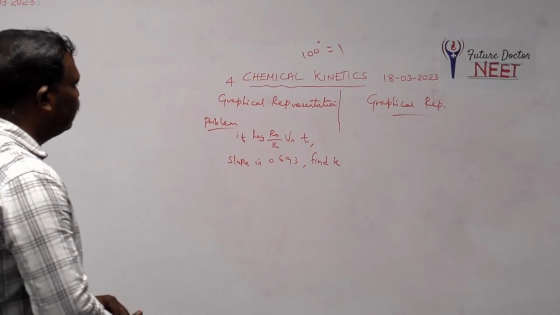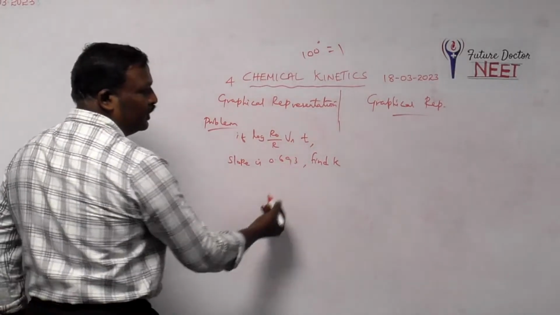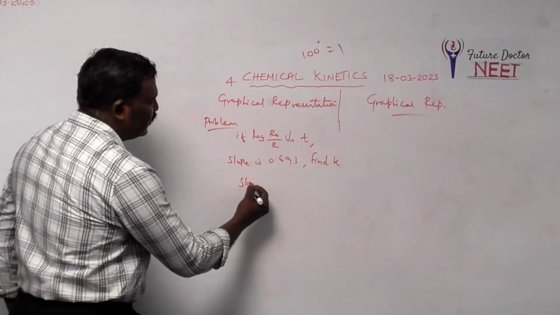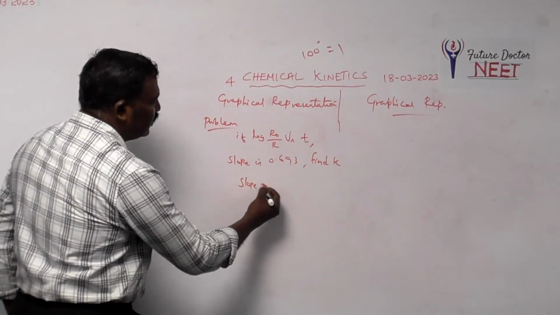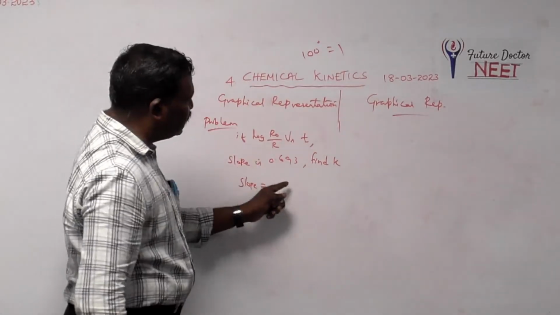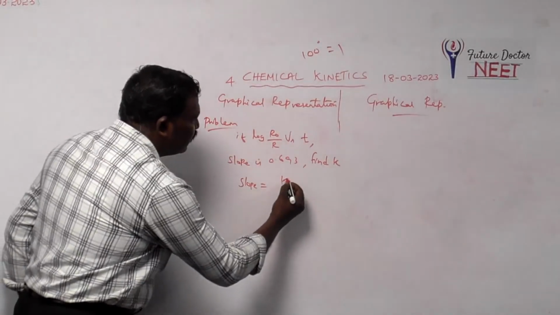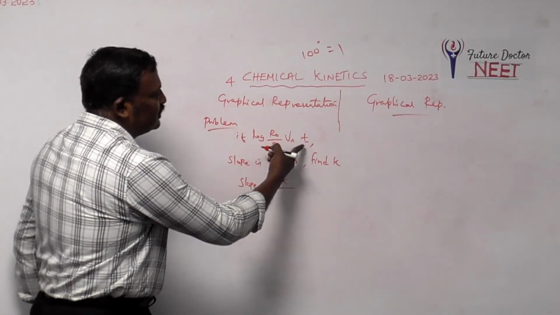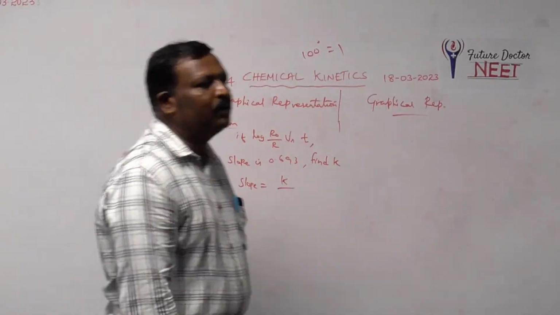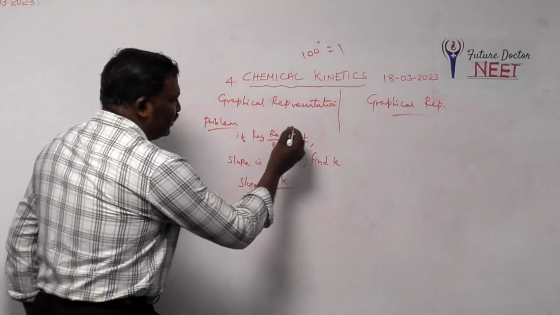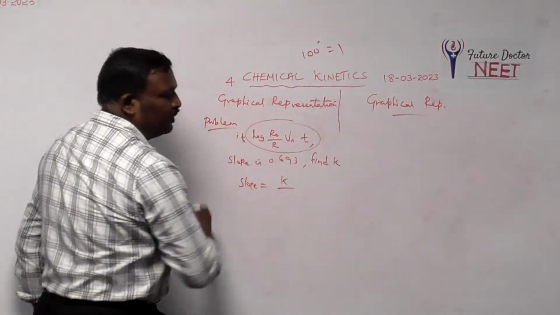What's the slope formula? Just now I told you. For log r naught by r versus t, the slope is k by 2.303. From this only, you know everything.